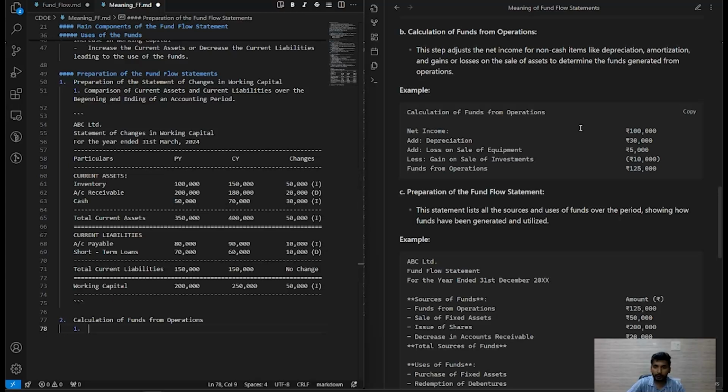What will happen in here? Adjustments of the net income for the non-cash items like the depreciation, amortization, and gains or losses from the sale of assets.